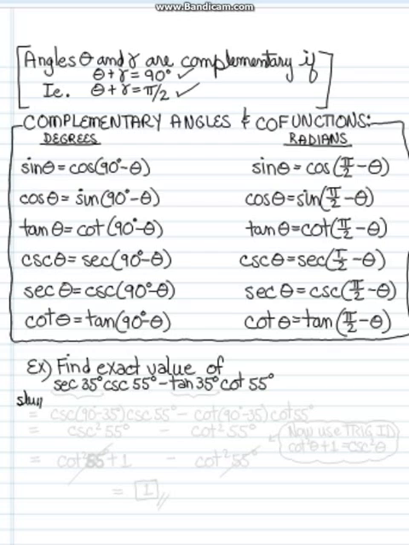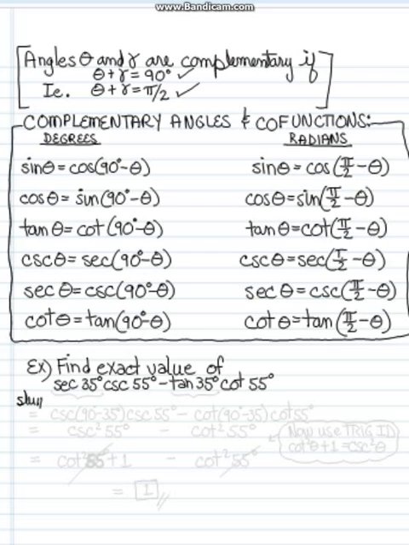The secant of 35 degrees times the cosecant of 55 degrees minus the tangent of 35 degrees times the cotangent of 55 degrees. Looking at the first term, secant 35 times cosecant 55, I'd like to express these two in terms of the same trigonometric function instead of a secant times a cosecant.